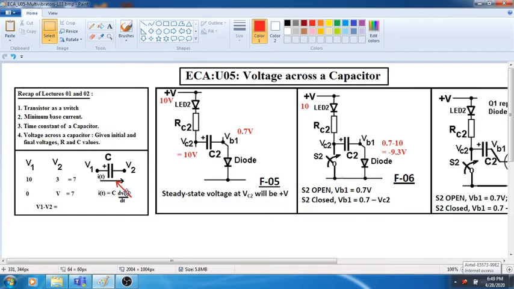Another way to put it is that a capacitor opposes sudden change in voltage. These two things we will be using when analyzing the multivibrator circuits. So it's very important for us to thoroughly understand the practical application of this behavior.